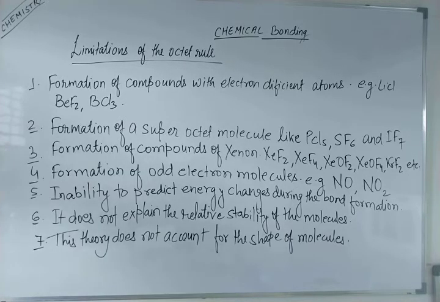So it is an odd electron system. Similarly, in NO2, one oxygen forms a double bond and another oxygen forms a single bond. So now there is a formation of odd electrons. So why is there a formation of odd electron molecules? This is a limitation of the octet rule.